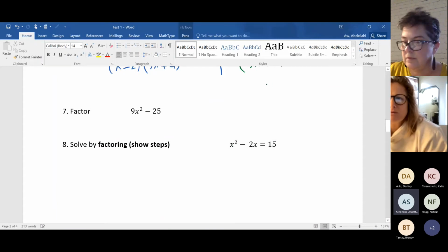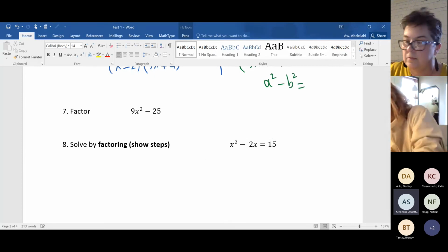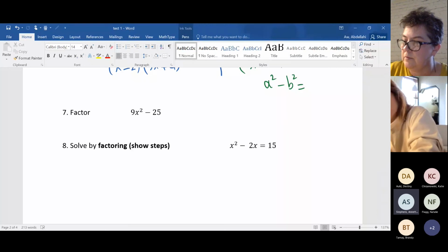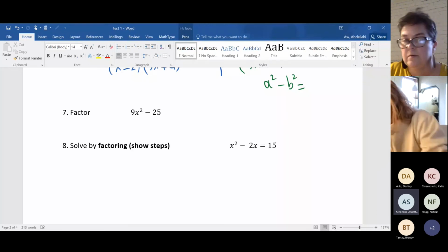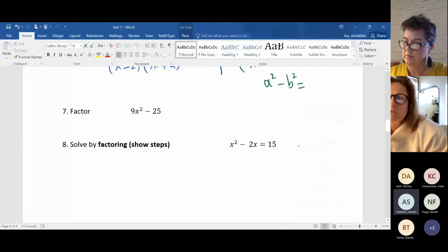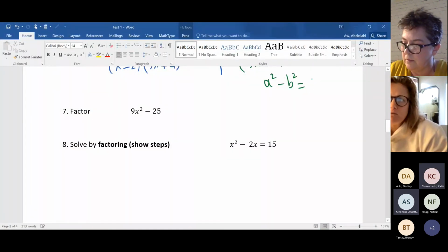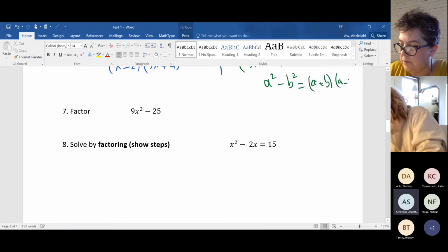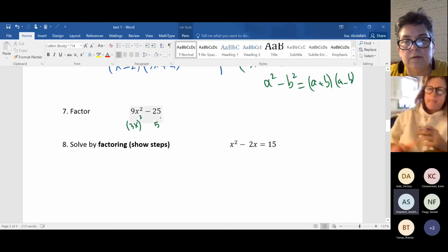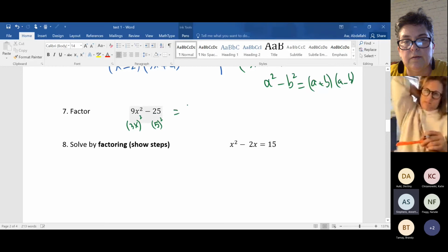Difference of two squares, right? Remember a squared minus b squared. Somebody tell me how it factors out. A squared minus b squared factors out as what? 3x plus 5, 3x minus 5. Exactly. This is a plus b, a minus b. So I know 9x squared is the square of 3x. 25 is the square of 5. So it's going to be 3x minus 5, 3x plus 5.